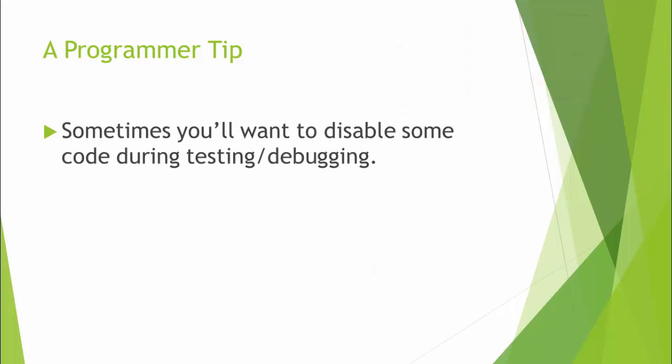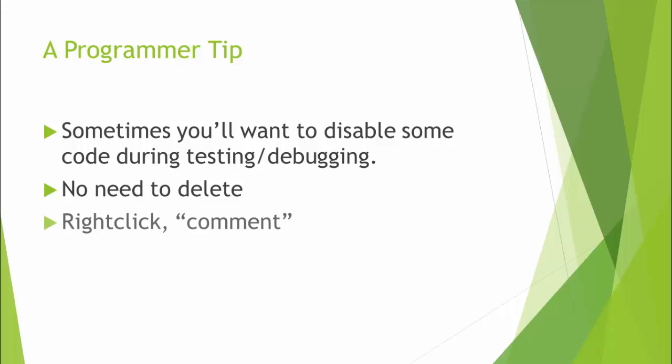Now, the commenting tool is actually a powerful tool for debugging your sketches as well. There will come some times when you want to disable some portion of your code to essentially see how your sketch will work without that aspect of the code. You don't need to delete that code.